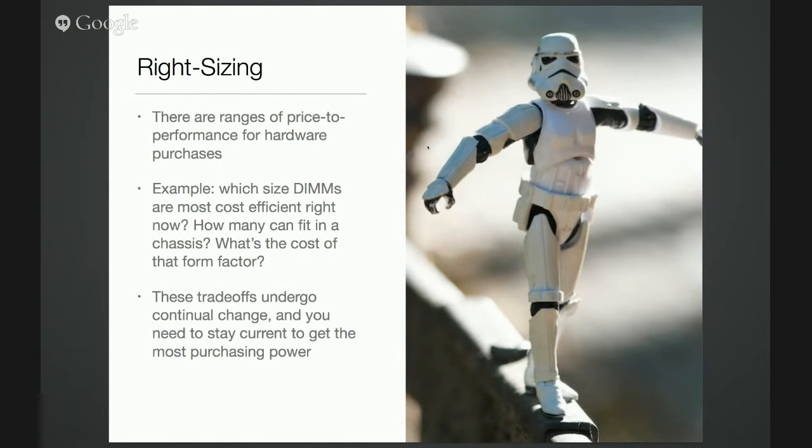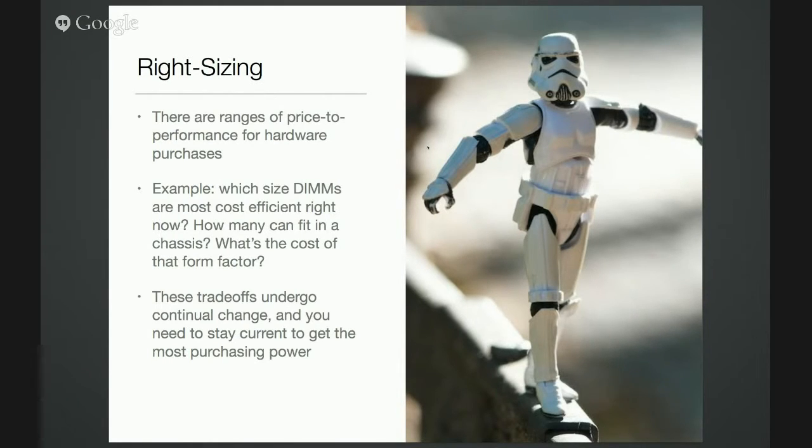It's usually yesterday's or last year's model that has now become highly commoditized and is where you find the sweet spot in terms of, for example, dollars per gigabyte of RAM, dollars per gigahertz of processing power, all of those kinds of things.